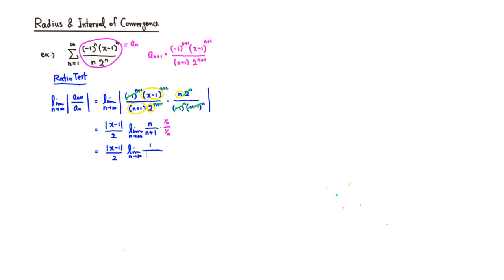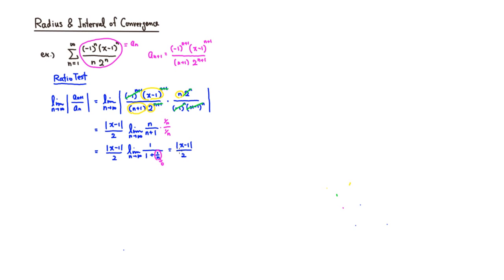On the bottom, n divided by n is 1, plus 1 divided by n is 1 over n. As n approaches infinity, we know that 1 over n approaches 0. So this is just 1, and you have the absolute value of x minus 1 over 2.